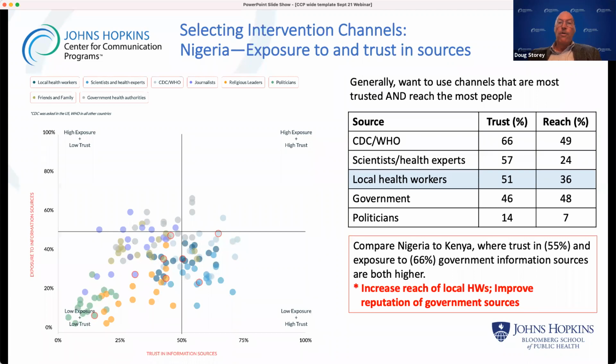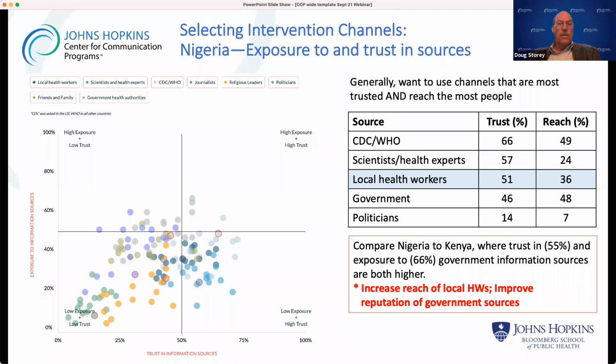But then if we look a little closer at the reach, that is the number of people who report exposure to information through these sources, we see a slightly different picture. CDC and WHO have a high level of exposure, as do local government officials, scientists and experts have somewhat lower level of reach, and local health workers somewhere in between.